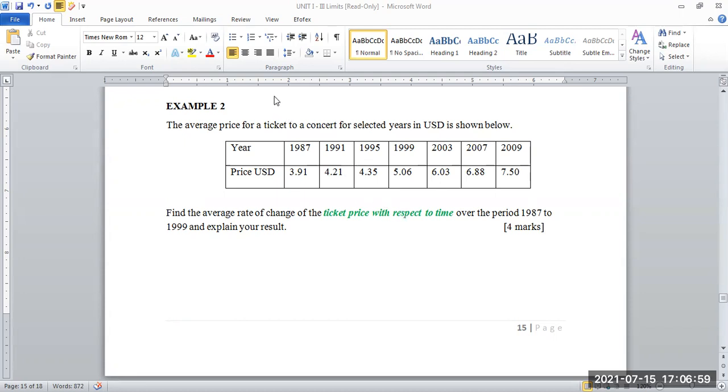You divide the $1.15 by the 12 years and get 10 cents. So it increases by 10 cents, from 1987 to 1999. If you wanted to calculate from the year 2000 to 2009, you just use the same principle.